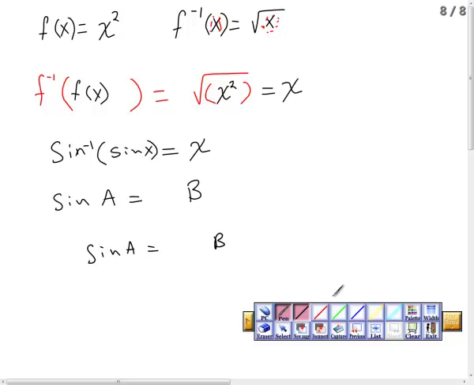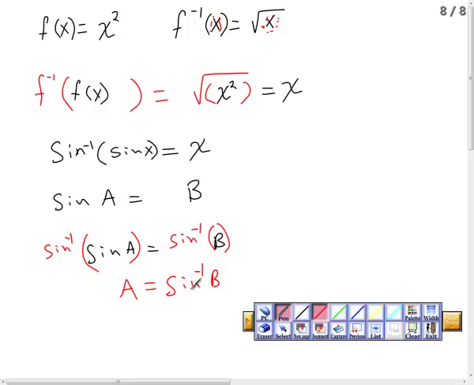And so now we apply the inverse sine to both sides, and since the inverse and sine are inverses of each other, all that's left is just the angle. Well, A equals inverse sine of 2b.